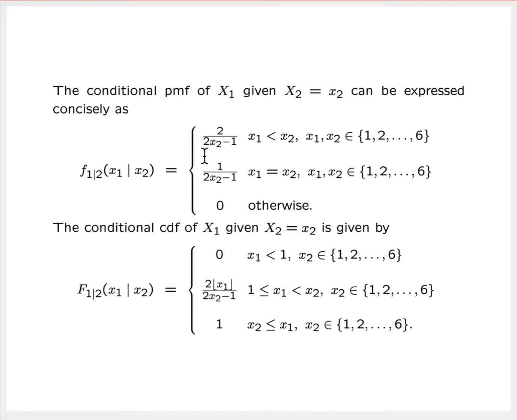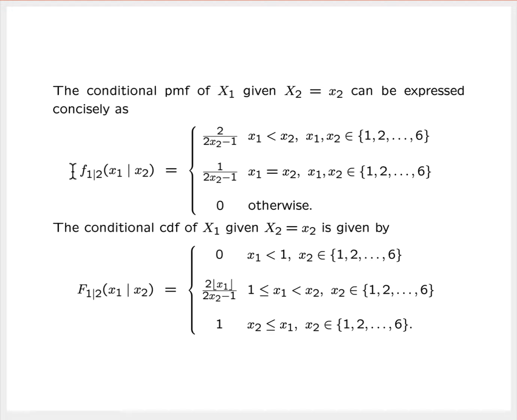It's 2 over (2 times x2 minus 1), as long as x1 and x2 are both integers from 1 to 6, and x1 is strictly less than x2, and it's equal to 1 over (2 times x2 minus 1), as long as x1 and x2 are both integers from 1 to 6, and x1 is equal to x2. And then this conditional PMF is 0 otherwise.